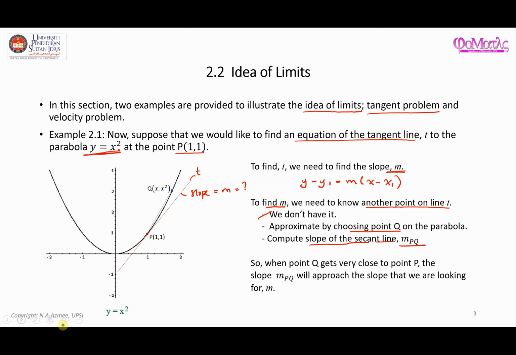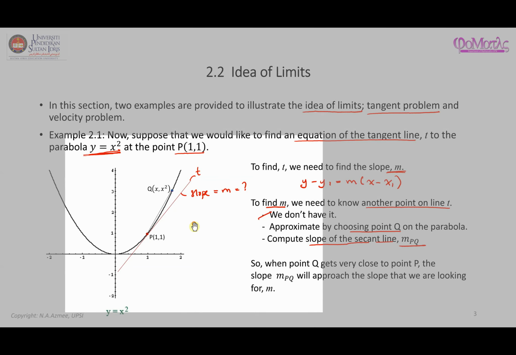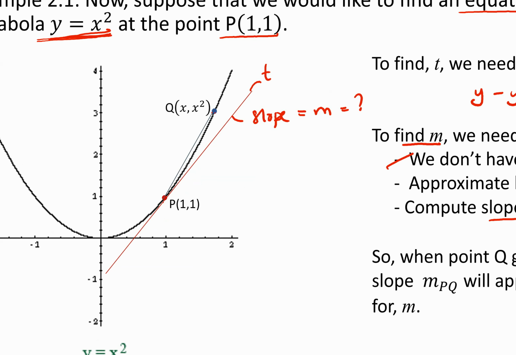So it will look like this. You can see a line connecting the red point and the blue point over here, and this is what we call the secant line.